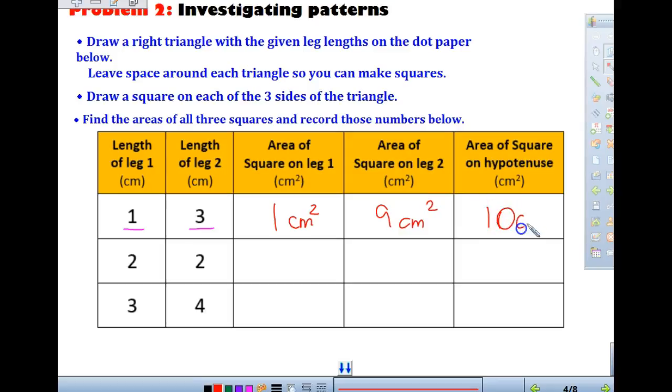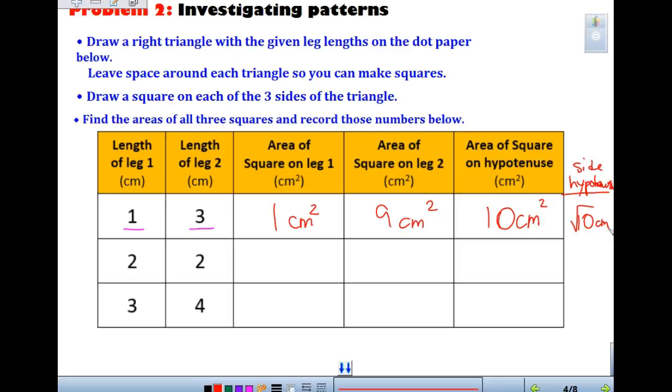10 centimeters squared. I want you to add one column right behind here, and I want you to put side hypotenuse. What would be the side of our hypotenuse? If the area was 10, the side would be square root 10 centimeters. Okay.